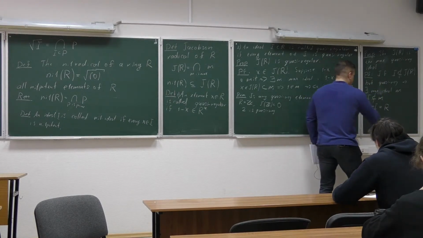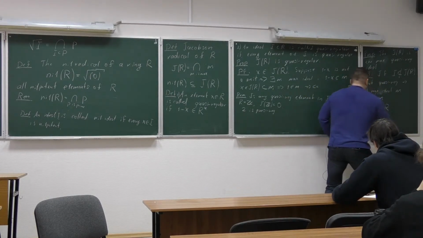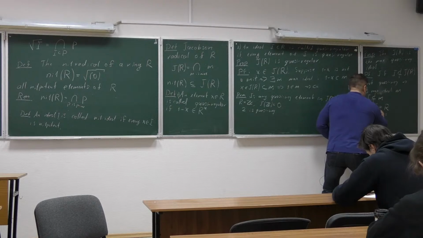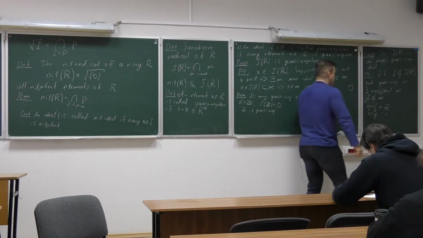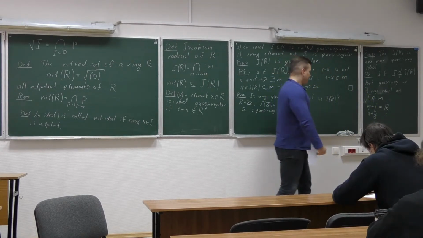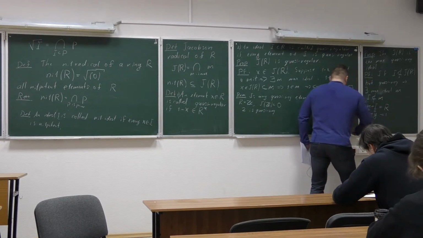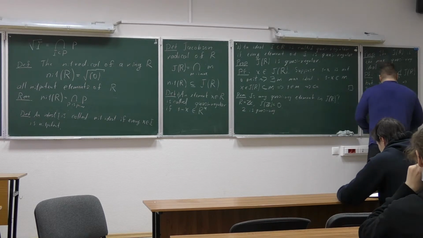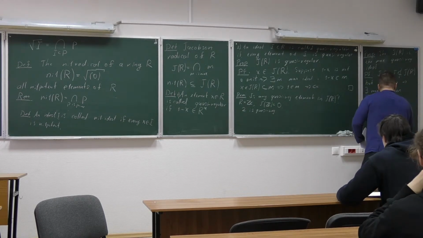And then it means that I can present 1 as the sum of two elements, say X and Y, where X is an element in the maximal ideal M and Y is an element in the ideal I. So let me finish the proof here.